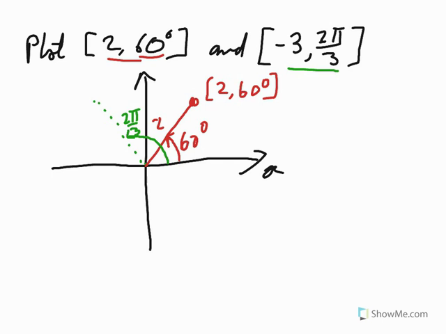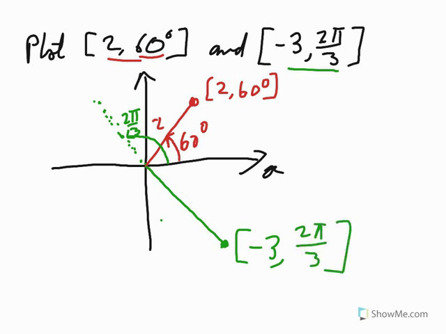So instead of going up this way, we've got to go in the negative direction 3, so to there, and so this one's -3 and 2 pi on 3.